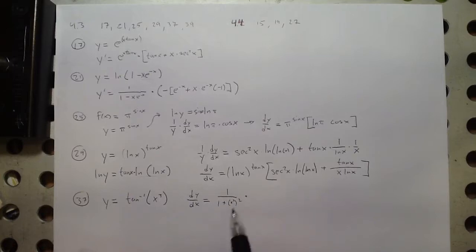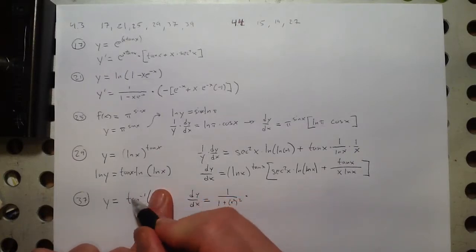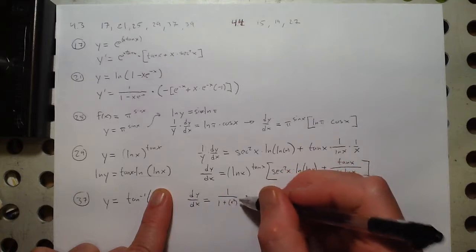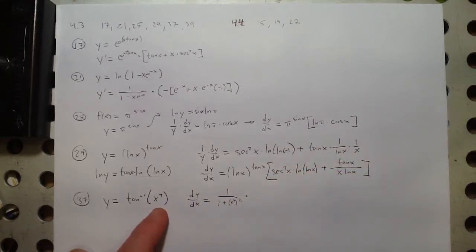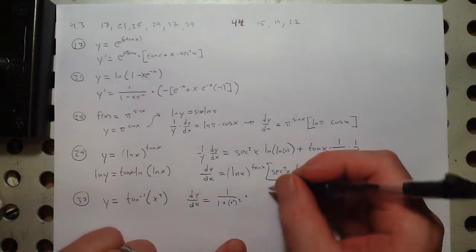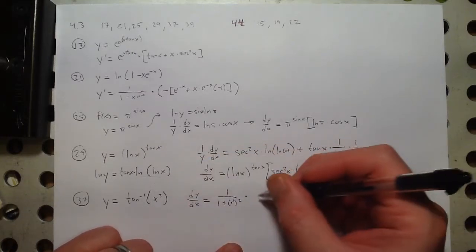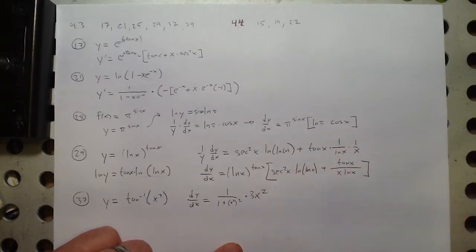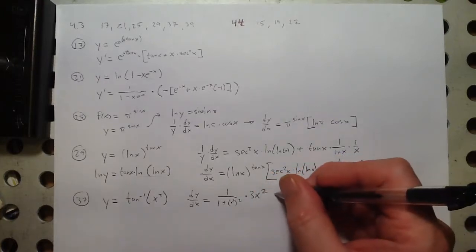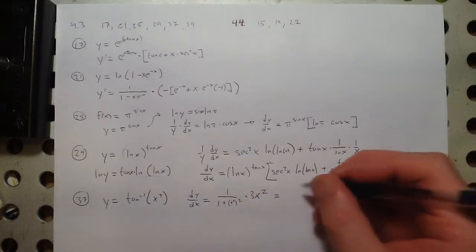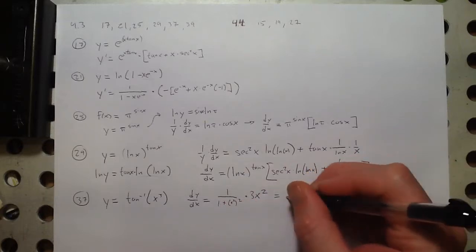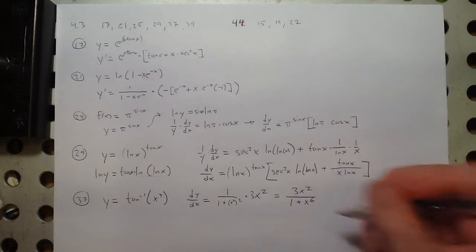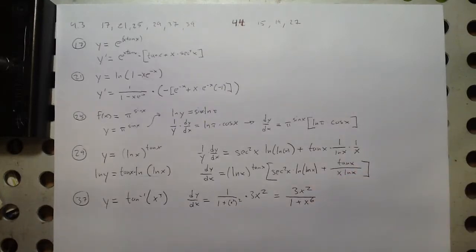Sorry if I misspoke there a minute ago. That's the derivative of tangent inverse of whatever is 1 over 1 plus whatever squared. And in this case, the whatever is x cubed, times the derivative of what's inside, which is 3x squared. And a very small amount of simplifying there. If, for example, this was a multiple choice question, that's what the answer would look like.